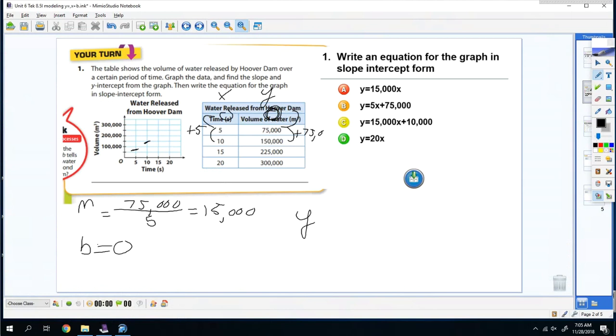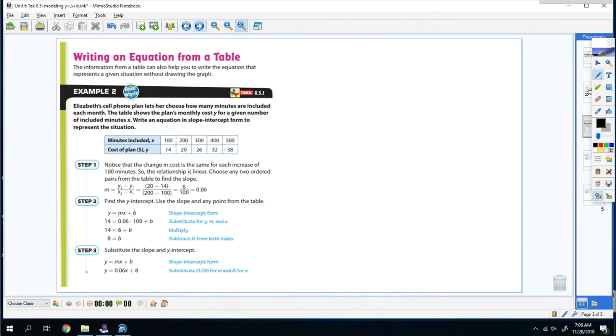So my equation would be y is equal to 15,000x plus 0. In other terms, y is equal to 15,000x. Since it's going through the origin, just to recap, it's a proportional relationship. All right, try another one.